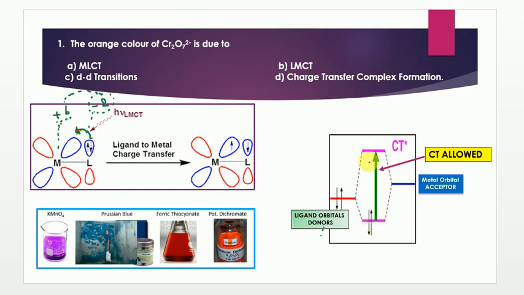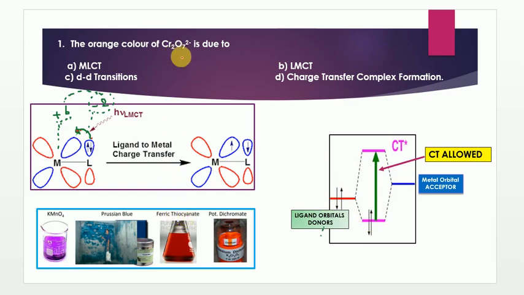In this charge transfer complex the ligand orbitals act as donors and metal orbitals act as acceptors, and this is an allowed transition. You can see this is a spin and Laporte allowed transition. Because of this charge transfer spectrum, K2Cr2O7 and KMnO4 exist with a high intensity color.